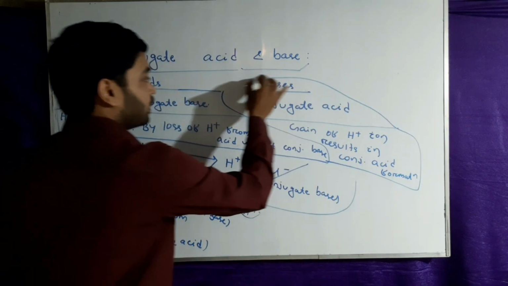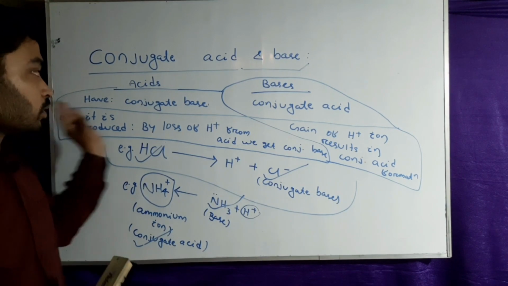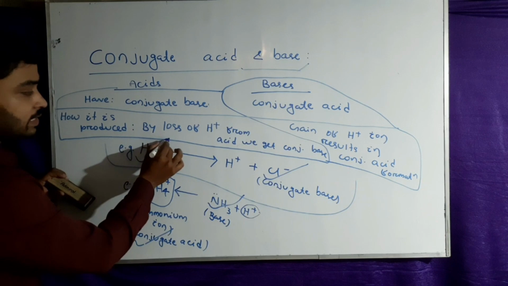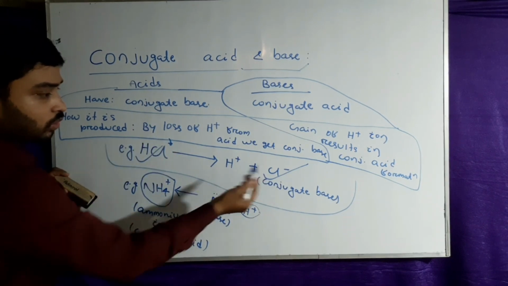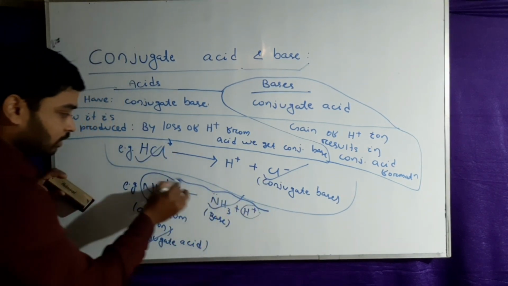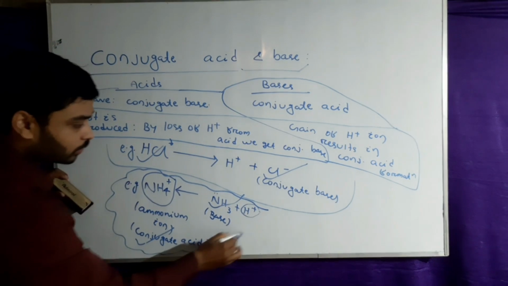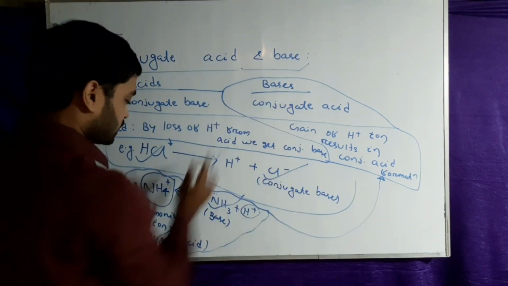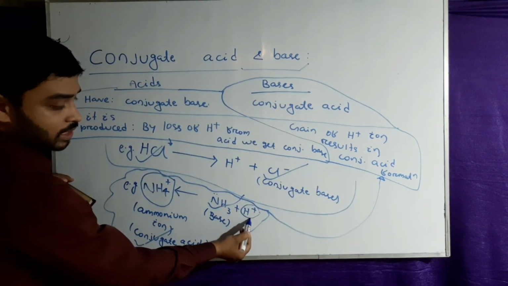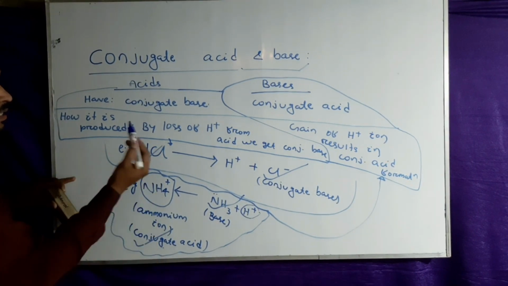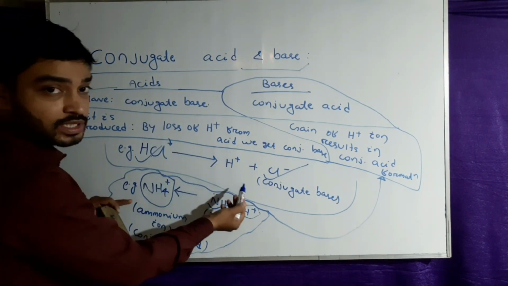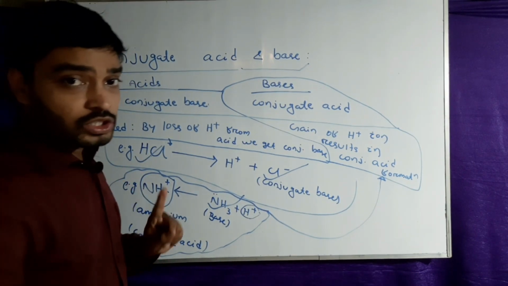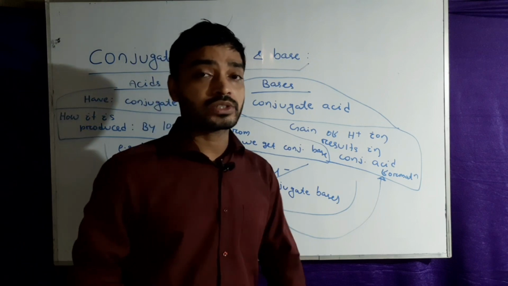So what we have understood in this class is all about the chart. It is the acid which results in the formation of conjugate base, and this section belongs to the base. It is the base which receives the H plus ion to give the conjugate acid. Similarly, the acid loses its H plus ion, giving the conjugate base. The conjugate acid base concept is the most valuable part of the acid base concept.